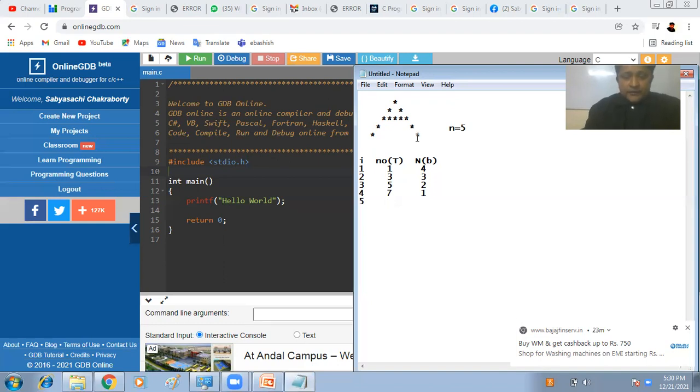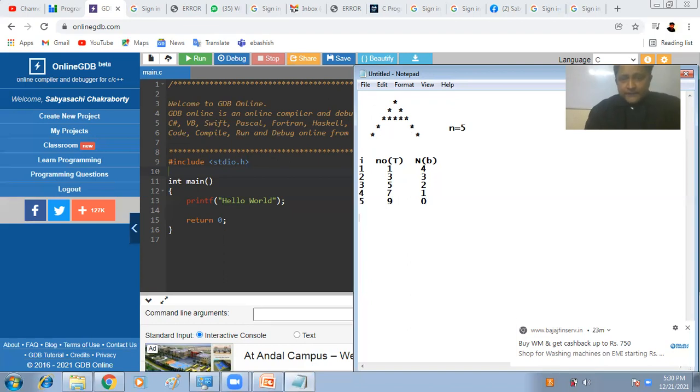A total of 9 points in the triangle, where only 2 stars are printed and the remaining 7 places in between are blank. How many spaces are left? No space, 0 in the last row.